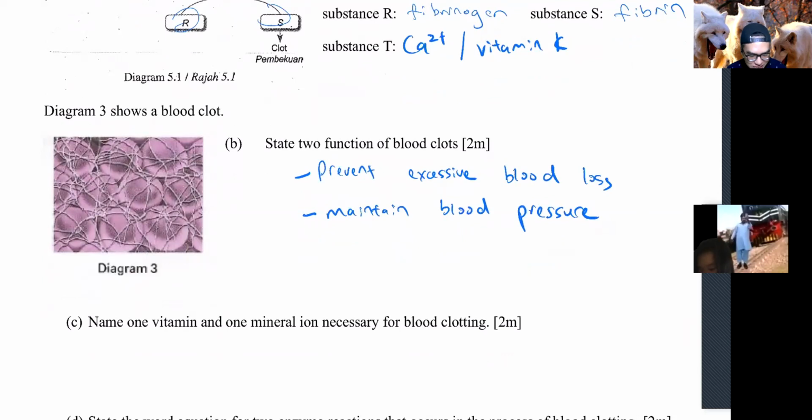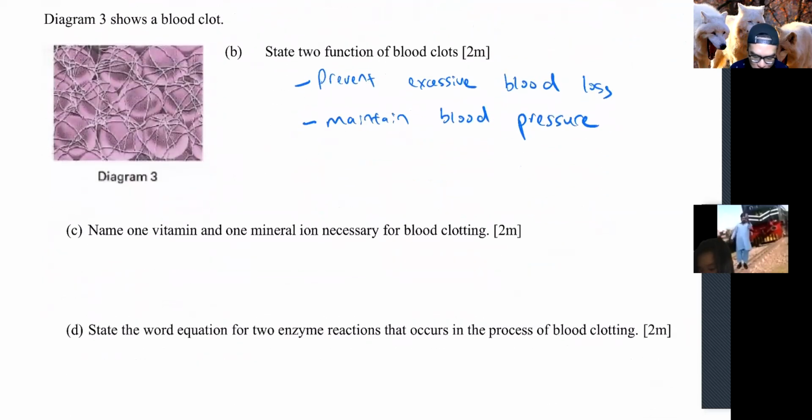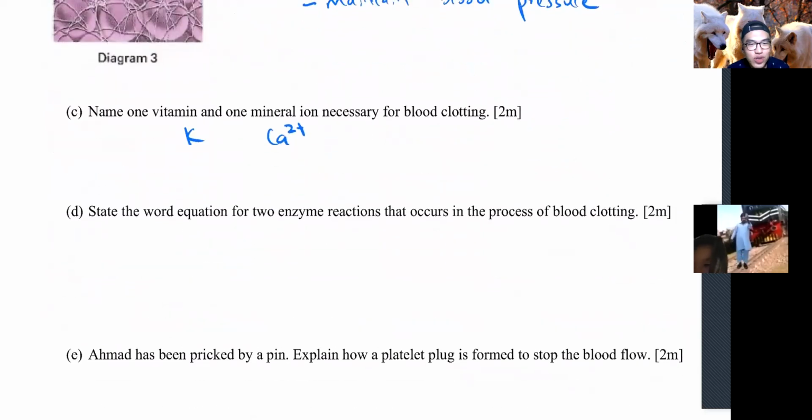Anyway, so C. Name one vitamin and one mineral necessary for blood clotting. So simple. There's vitamin K and Ca2+. So next, state the word equation for two enzyme reactions that occur in the process of blood clotting, which is our prothrombin to become thrombin.